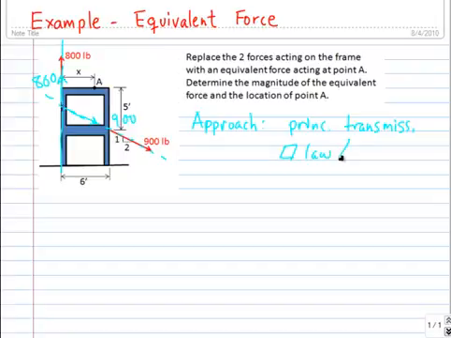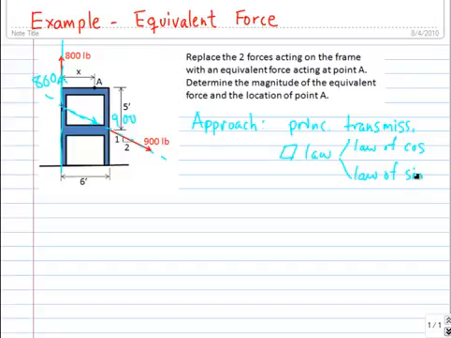And in doing that, we have to use the law of cosines and the law of sines. If you're a bit rusty on law of cosines, law of sines, check the appendix in the back of your statics book. Meriam's book in particular has a lot of good information back there.